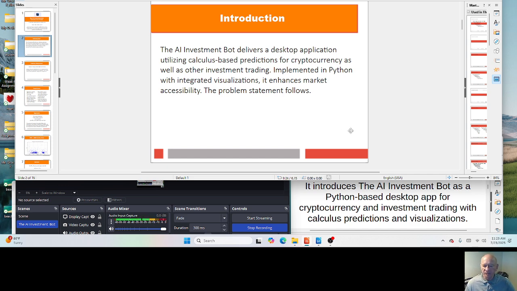The AI investment bot delivers a desktop application utilizing calculus-based predictions for cryptocurrency as well as other investment trading. Implemented in Python with integrated visualizations, it enhances market accessibility. The problem statement follows. Next slide.